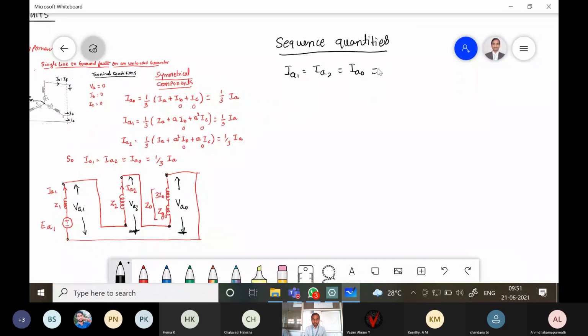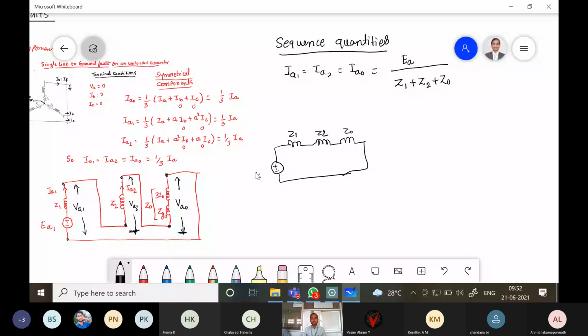So this can be written as EA1 equals EA divided by the total impedance Z1, Z2 and Z0. It is a series circuit, so we write the summation Z1 plus Z2 plus Z0. Voltage source divided by Z1 plus Z2 plus Z0 gives the current flowing through the circuit. Okay, this is a series circuit. So voltage source is there, the series circuit is there.